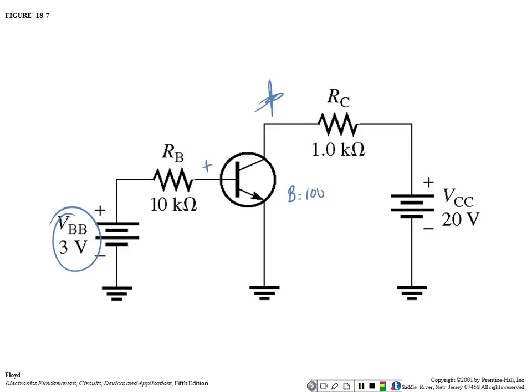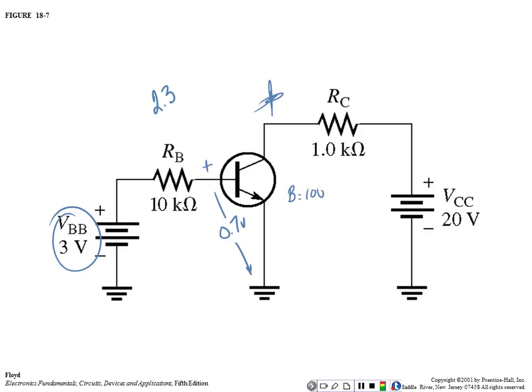Base current, because I know this right here is 0.7, right? You understand, if it's silicon. If that's 0.7, then I know what that resistor drops. What's the resistor going to drop? 2.3 volts. Does everybody understand where that came from? Yes or no? Everybody okay?